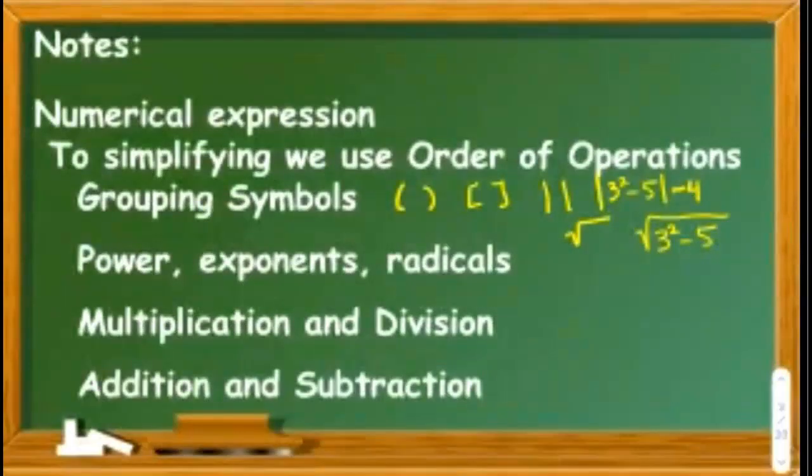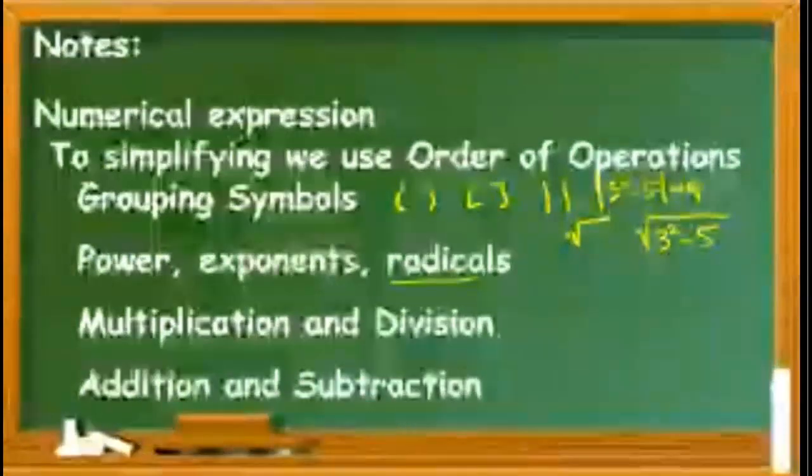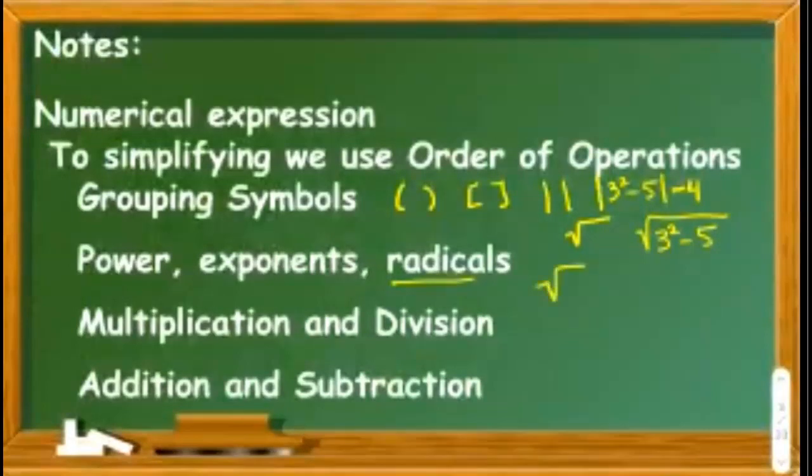Okay, the next one most kids will say is exponents, and that is definitely true. Exponents would be the next step, but I want you to also recognize something that most of you are not familiar with, which is the radical. So what I mean by the radical would be like the square root of, or it could be the cube root. So, again, just something to remember, if you have the square root of 4, let's say, then the exponent on the 4 is 1.